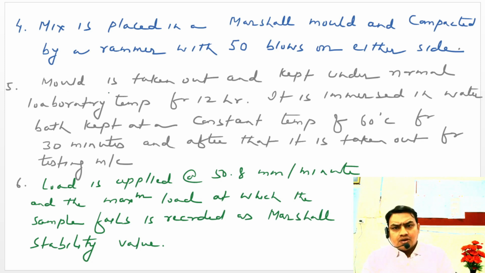Once the specimen is kept in the unconfined compression testing machine, load is applied at the rate of 50.8 mm per minute, and we have to record the maximum load at which the sample fails, and that is called the Marshall stability value in kg.